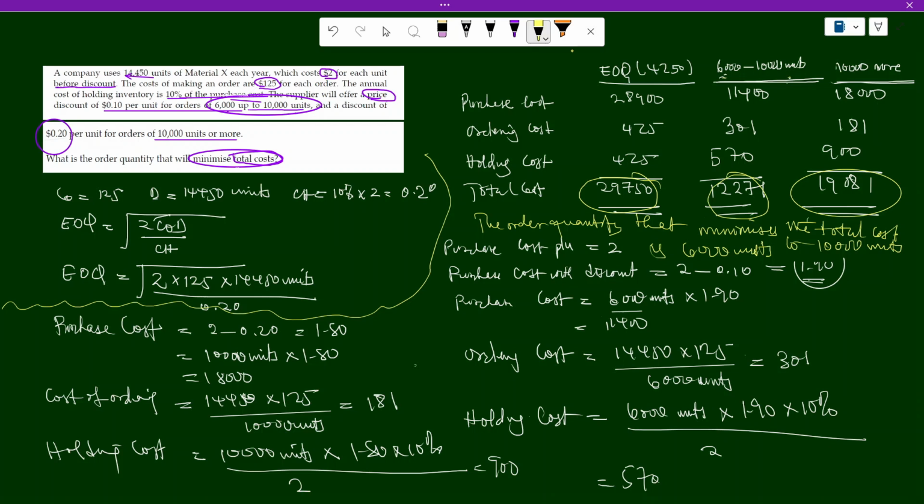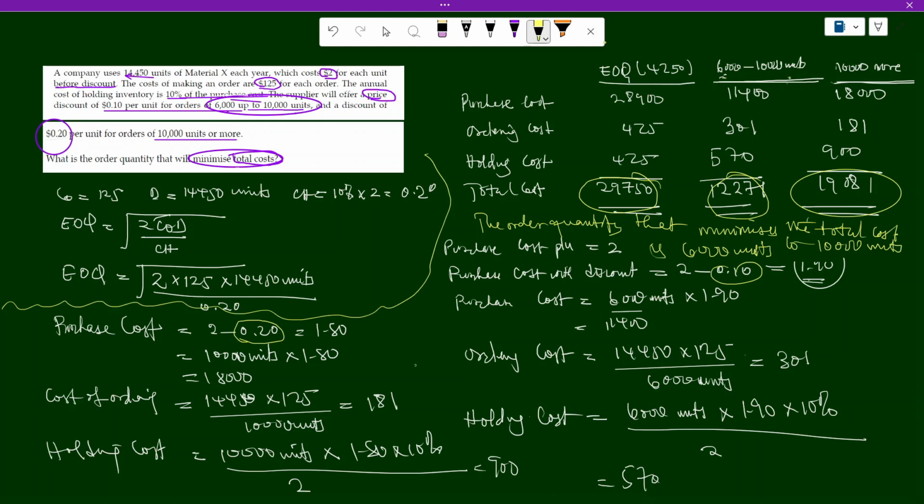Now, why do you have to do this computation? You have to do this computation because when you are offered a discount, you may be tempted to pick the discount that is higher, saying, oh, I'll go for the 20 cents discount offered rather than the 10 cents discount offered.